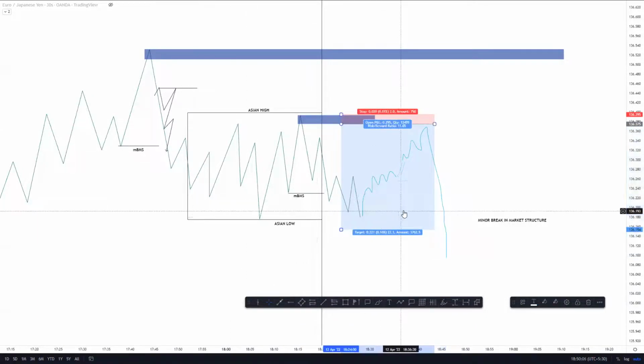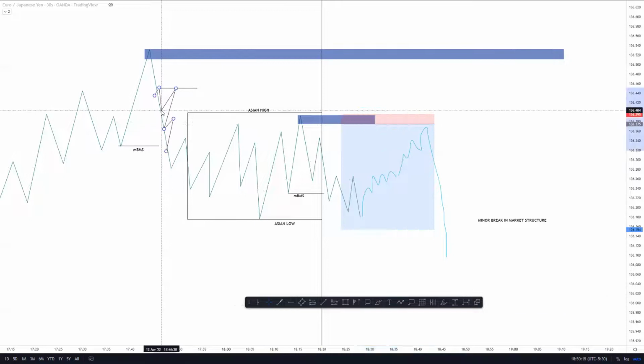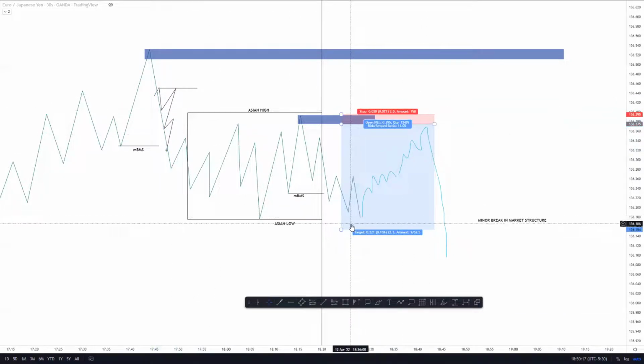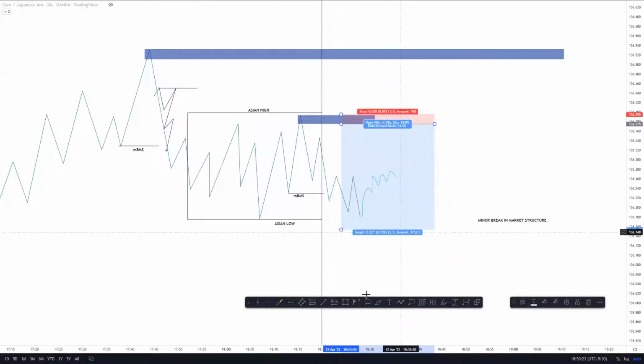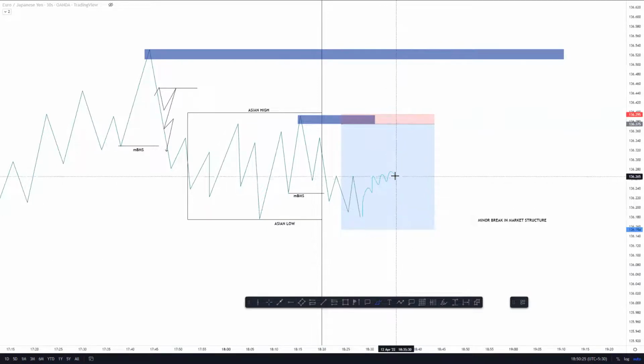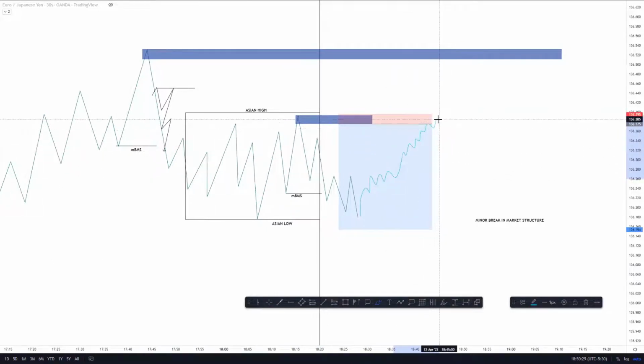Okay, so you can see like most of the time what happens is this gives some kind of 1:5 easily, this trade. And for instance, what happened next is maybe price comes in here and takes out your Asian session stop loss as well.